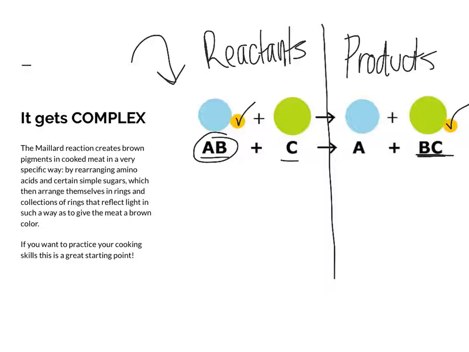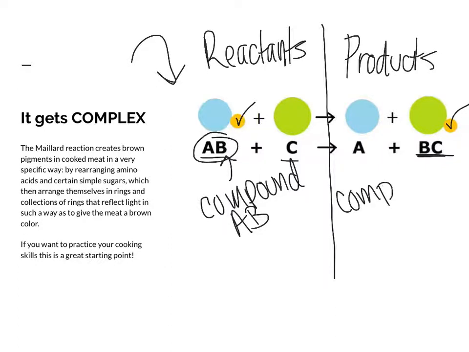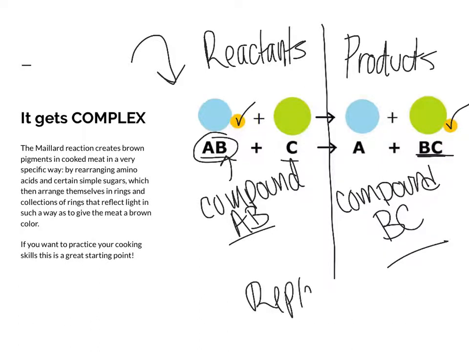So what I would do is look for your compound. We know that our compound is AB. Find the compound on the product side, and it's BC. And because those aren't the same, you know that it's going to be a replacement reaction.